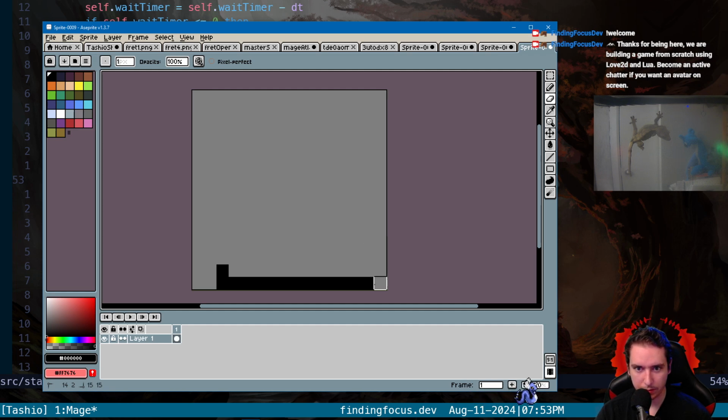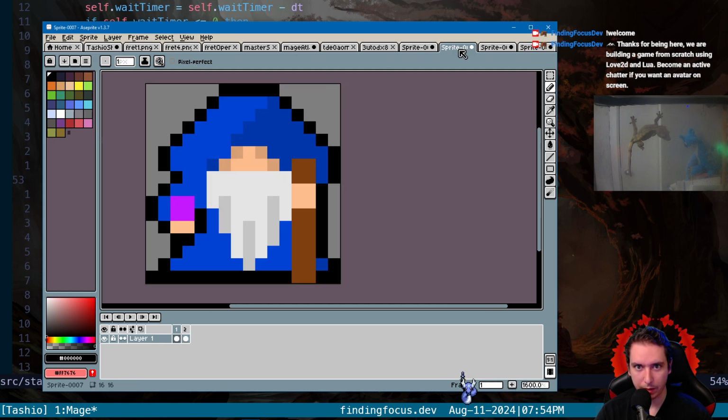Well, we know his feet need to basically be right here. We know that much. We know his staff, which we need to pull the same staff color.